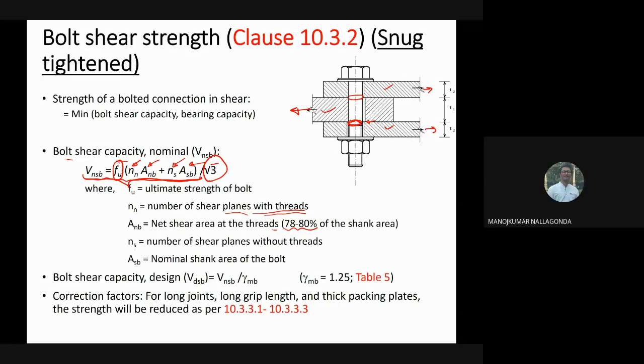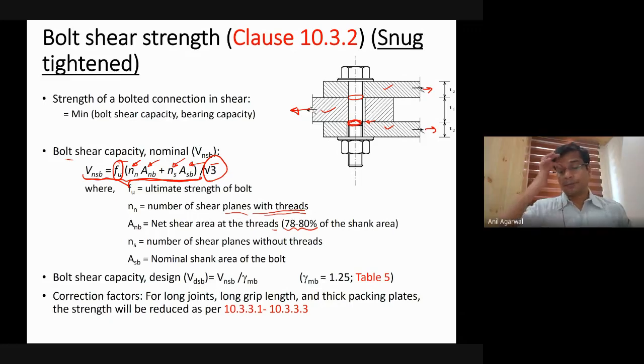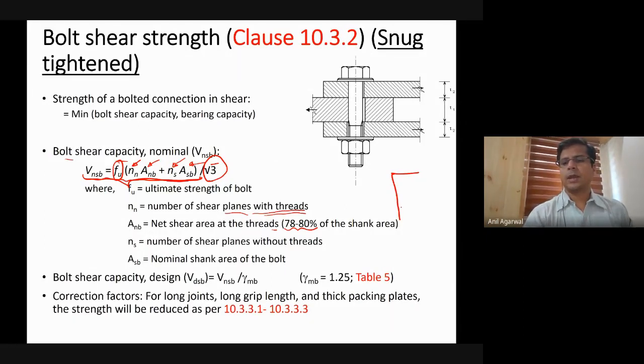Sir, can you explain that once again, sir? Why Fu, not Fy? Okay. All right. So the nature of this shear deformation or shear failure. Let's say I'm giving you a hypothetical condition that you had a long bolt, with a certain length here, and that length is significantly large in comparison to the diameter.